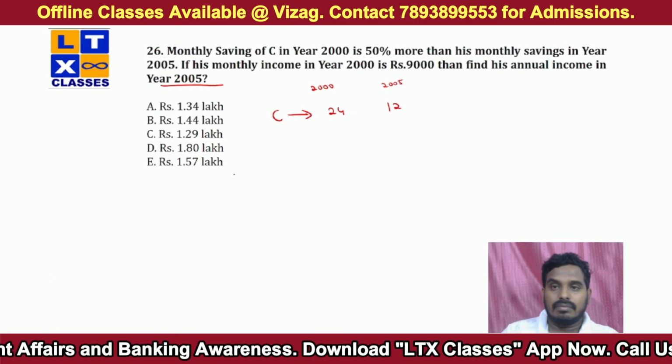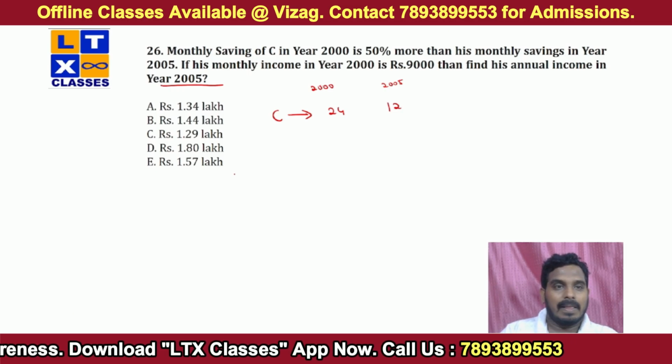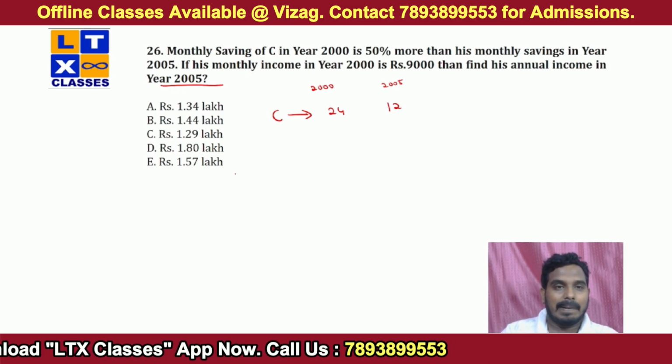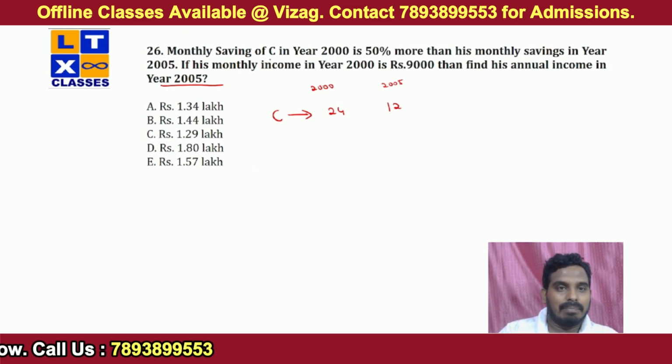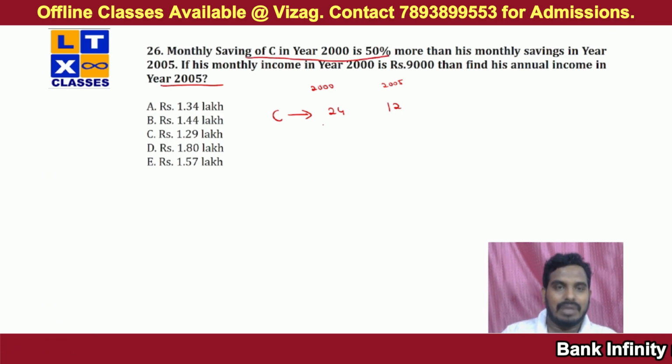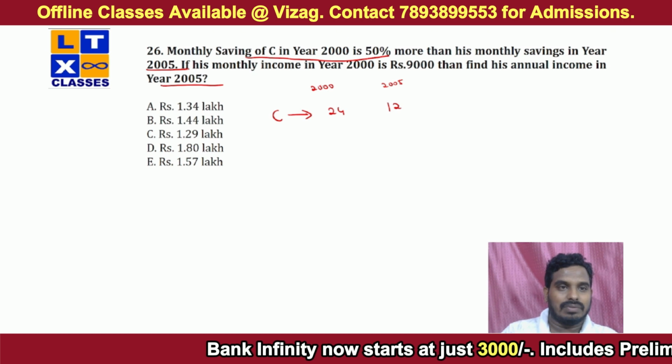Now, what I'll do here is I'll just simply compare the values here. Okay. Monthly savings of C in the year 2000 is 50% more than the monthly savings in the year 2005.